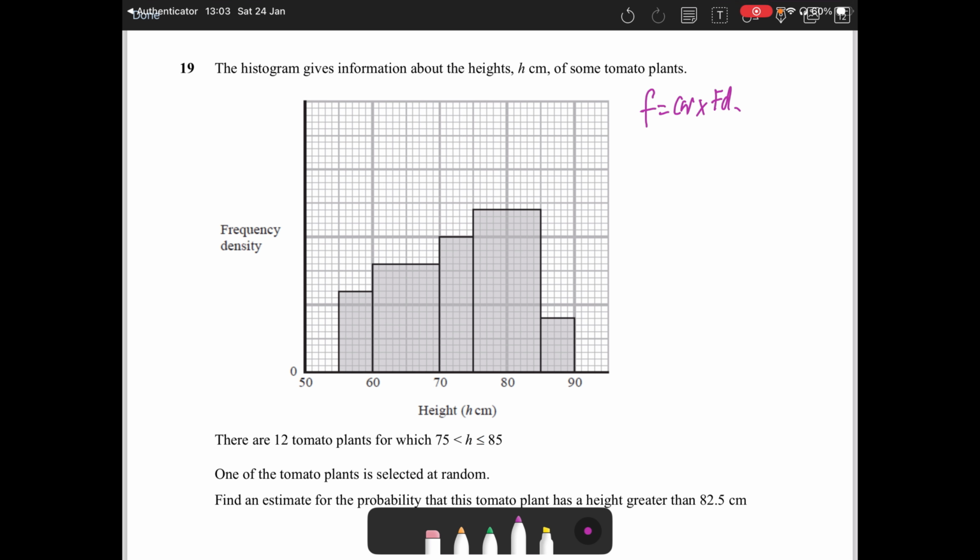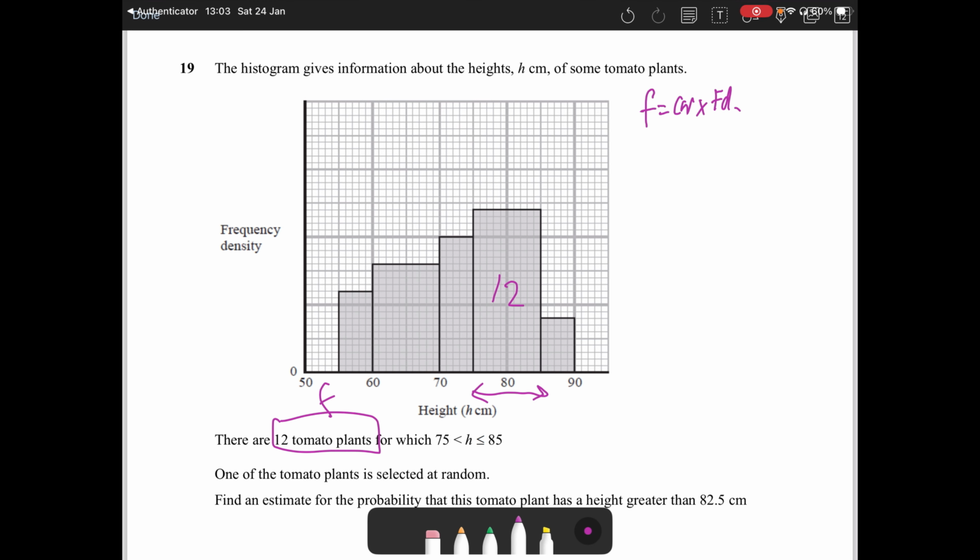Cool. All right, what do we know? We know 12 tomato plants are between 75 and 85. So it's this bar here, isn't it? This has an area of 12, because that's the frequency, remember? 12 tomato plants is your frequency. That's going to help me find the scaling of the y-axis.